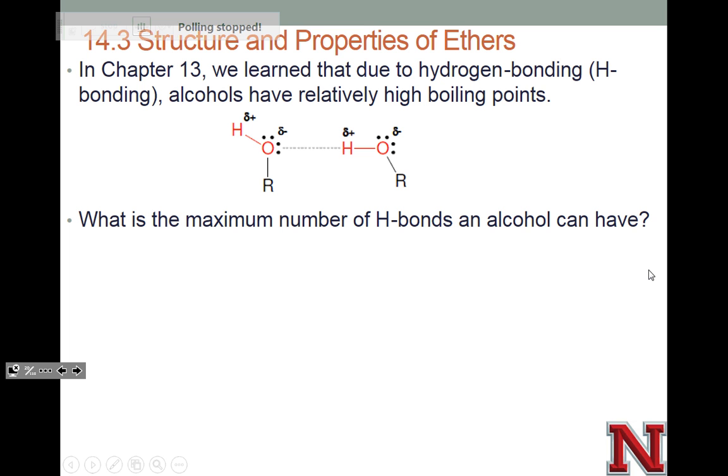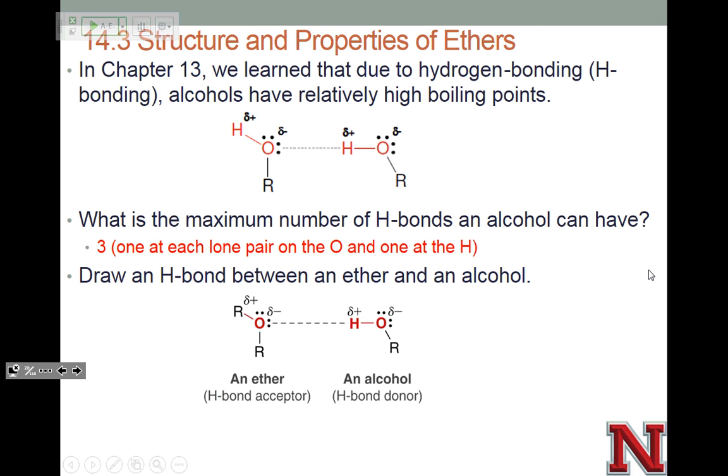So with our alcohols, we have relatively high boiling points because we have hydrogen bonding that can exist between 2 molecules of an alcohol. We have a partial positive hydrogen, a partial negative oxygen.